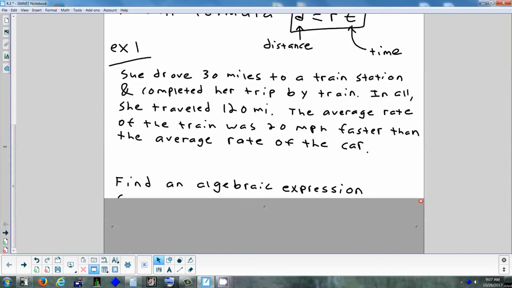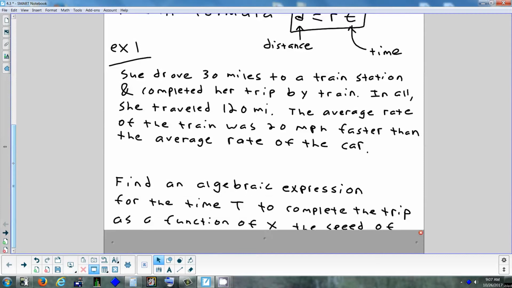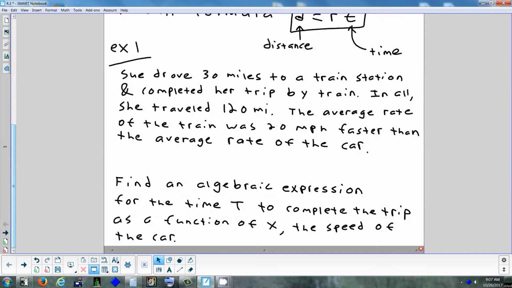Okay, so what I want to do is find an algebraic representation that represents the time it takes for her to complete the trip. And the variable we're going to use is x, and that'll represent the speed of the car.